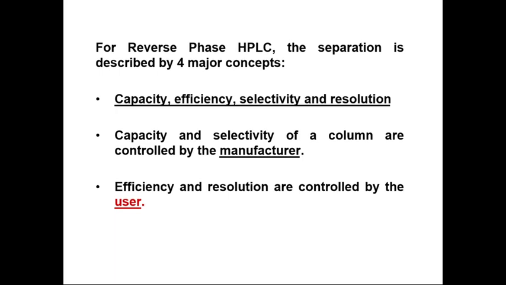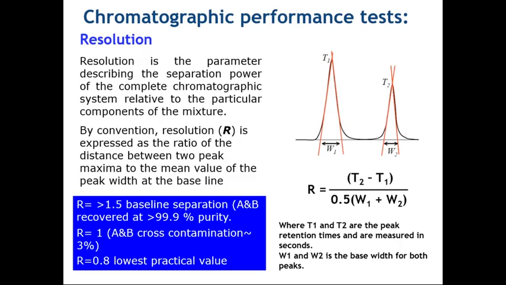But the efficiency and resolution is controlled by the user. So we need to understand what is efficiency, because you want to get the best separation in the analysis. So resolution is the parameter. If you recollect yesterday, resolution was the minimum distance to see two distinctive figures.